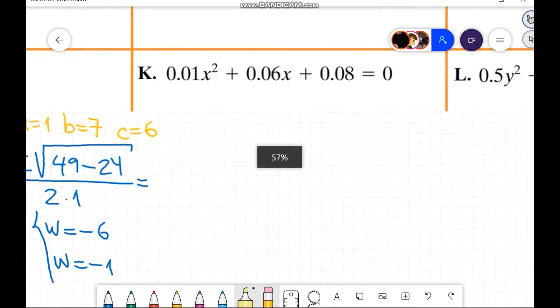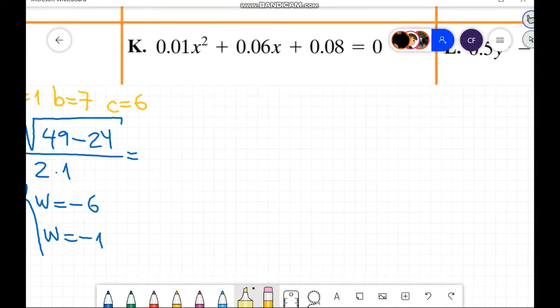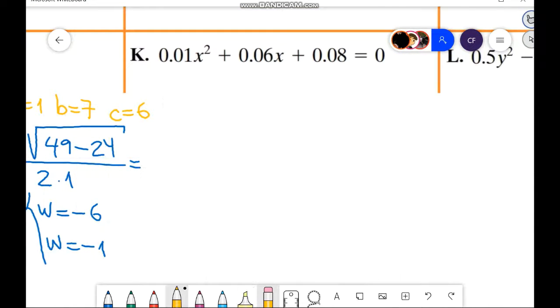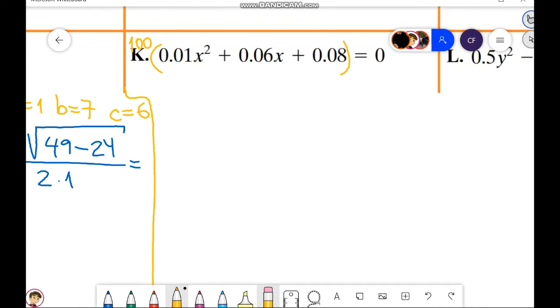We have decimals here on letter K. To make it easier to work, instead of working with those decimals, we're going to multiply both sides of the equation by 100 to get rid of the decimals. We're going to work only with whole numbers. See?